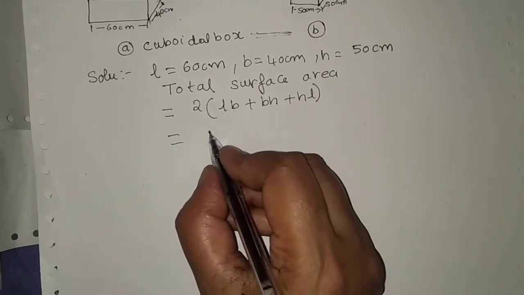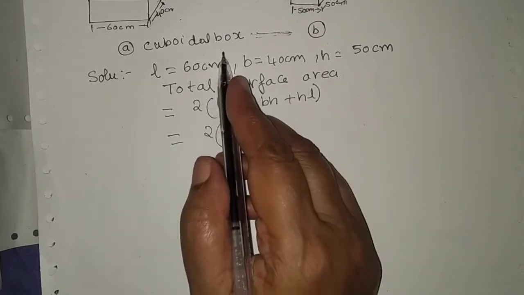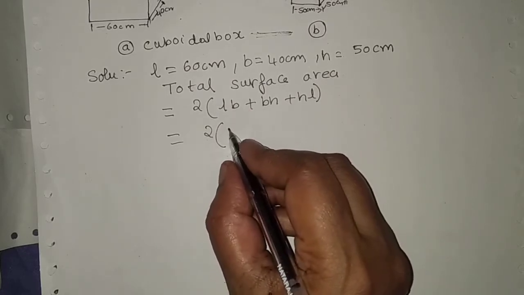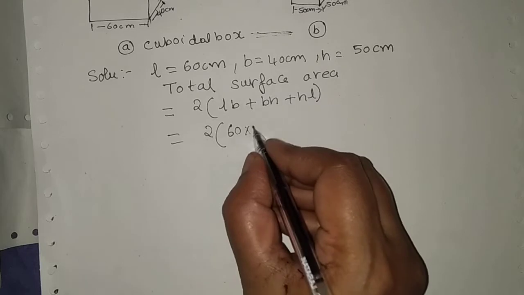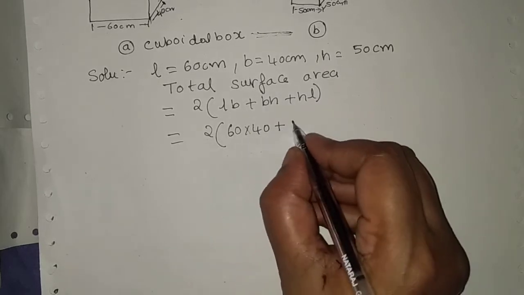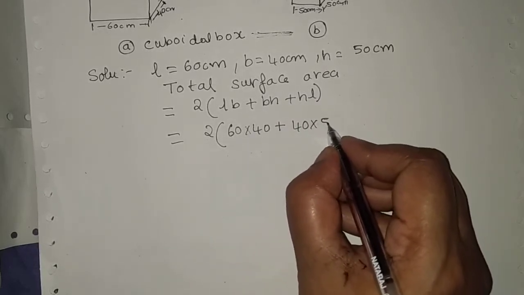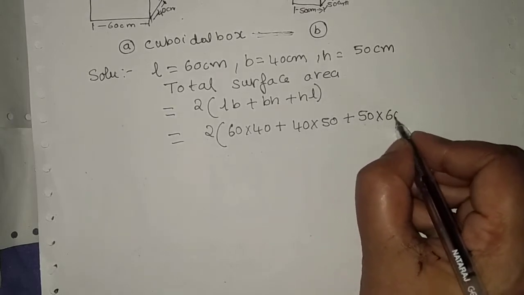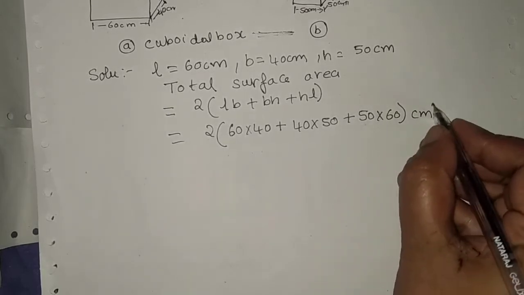Therefore substitute the values. This is for cuboidal box A. Length is 60 into 40 plus 40 into 50 plus 50 into 60. I have substituted all the data.